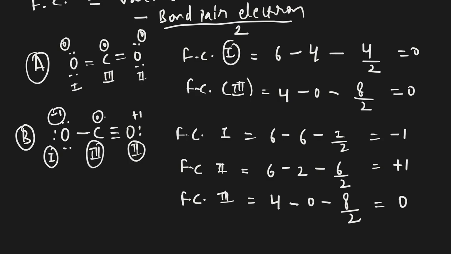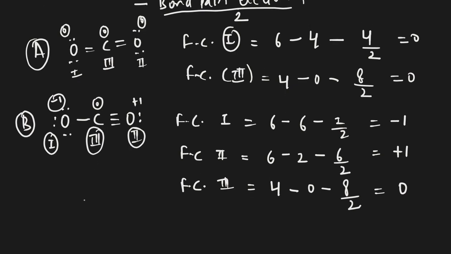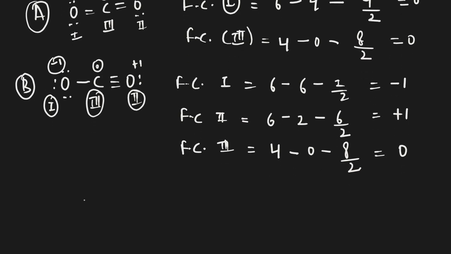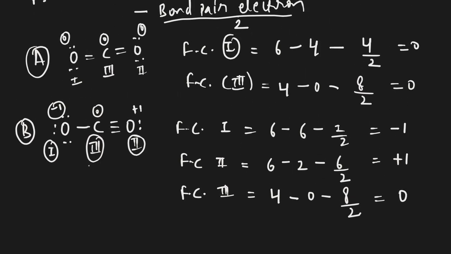I hope this is clear how to calculate the formal charge on each and every atom. Now I told you, on the basis of the formal charge we can literally guess the stability, like which structure, because both are possible, right? Both are satisfying all the conditions of the octet, it should complete the octet and all those things.